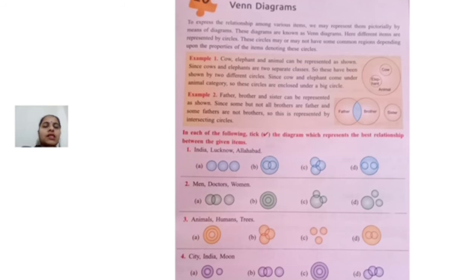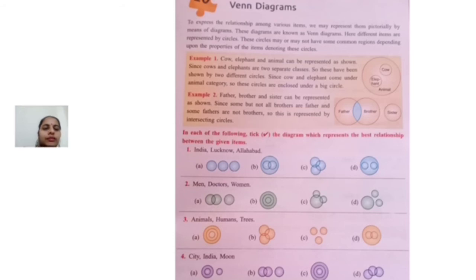Means moon has a different characteristic, and in India there are so many cities. That is why outside circle is India, inside is city, and the separate circle means moon. So that is why A answer is correct. So B is wrong, C is wrong, and D also wrong.